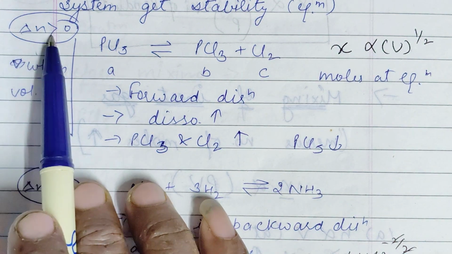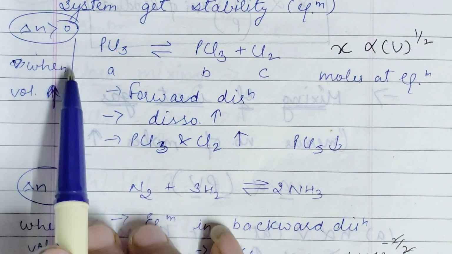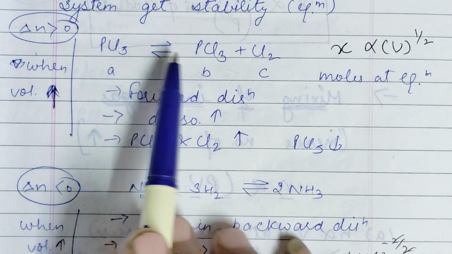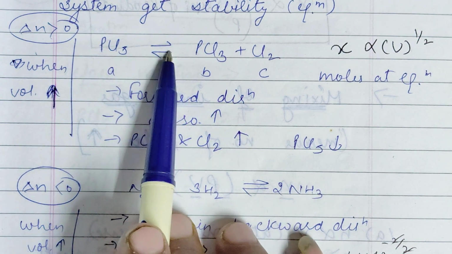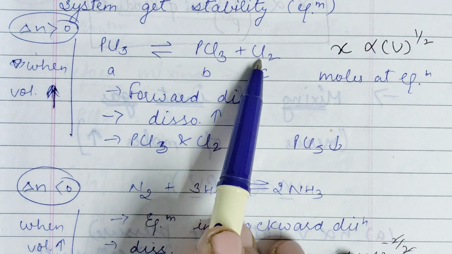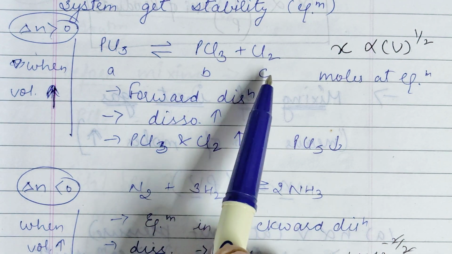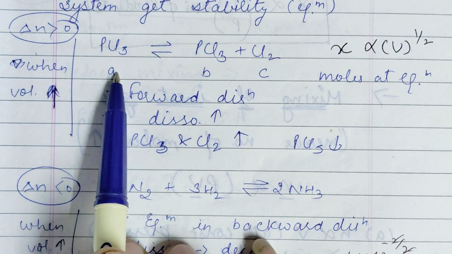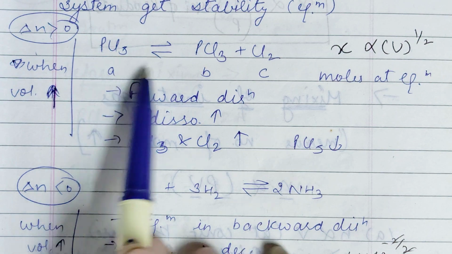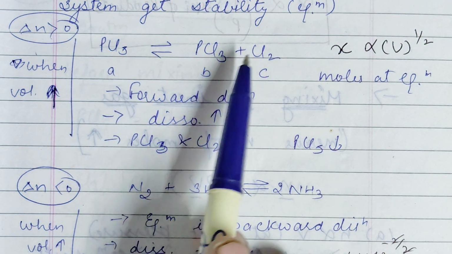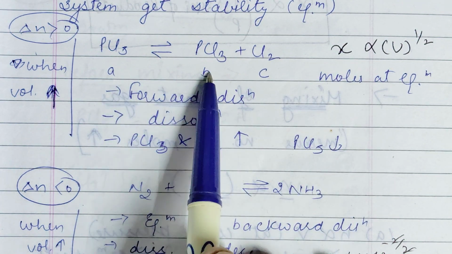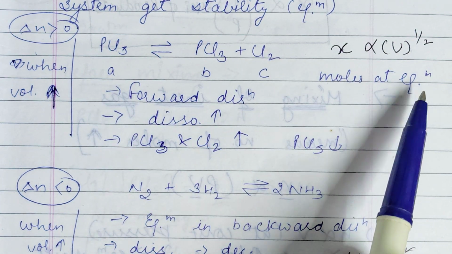So delta n greater than 0. There is the equation PCl5 in both directions gives PCl3 plus Cl2. PCl5 starting concentration is A, PCl3 is B, Cl2 concentration is C. These are moles at equilibrium.